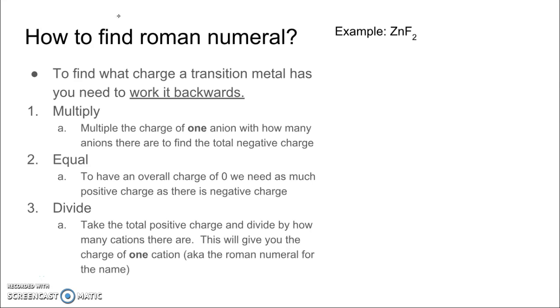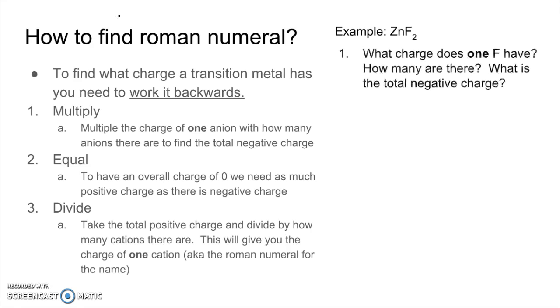So step number 1, multiply. We need to find the charge of one anion, the nonmetal, and find out the total negative charge because of it. Now I'm going to say this a little bit differently, if none of that made sense. Since we do not know the charge of the zinc, and we do know the charge of the fluorine ions, we can take the charge of fluorine to help us find out zinc.